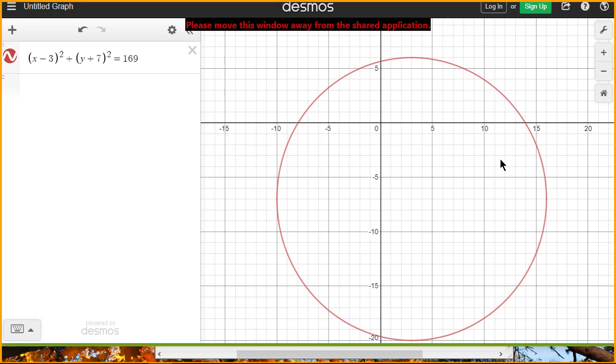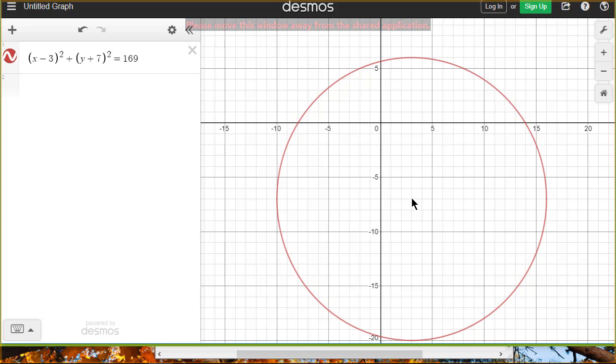So we think that our center is at (3, -7). So 1, 2, 3, then 1, 2, 3, 4, 5, 6, 7. So right where my pointer is, and that's the center, right?